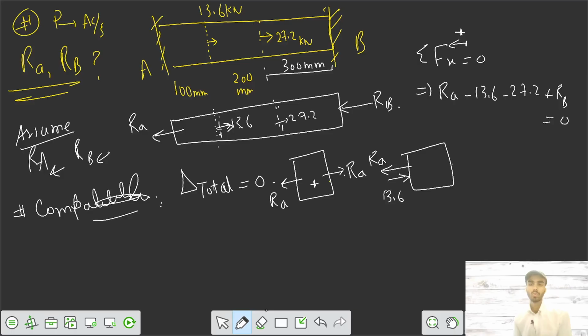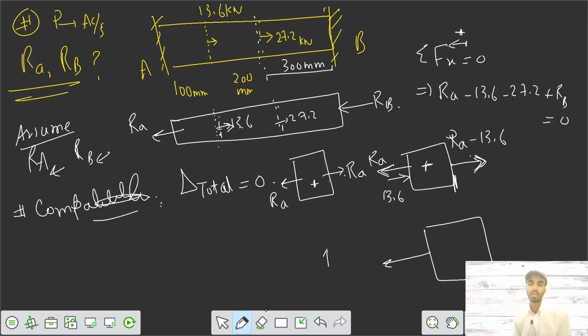Assuming RA is more, we can say net is tensile of RA minus 13.6. Here also we cut dx before this load.